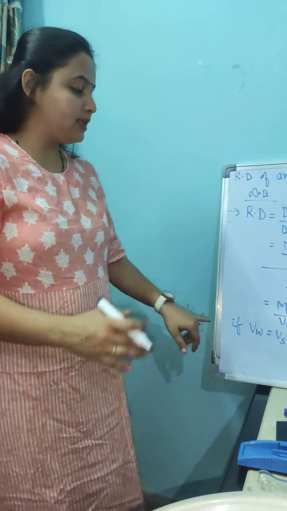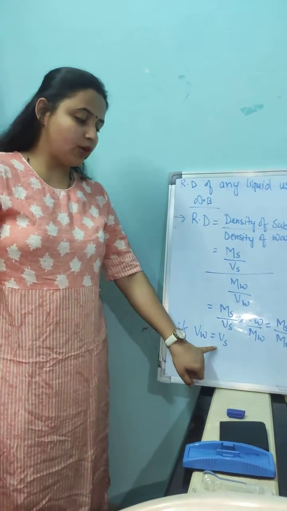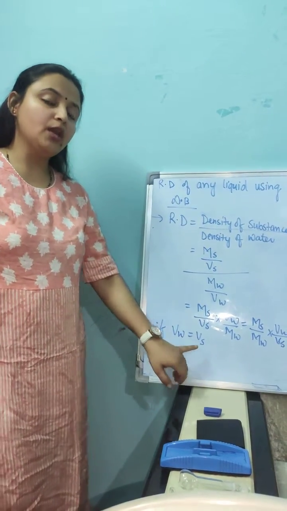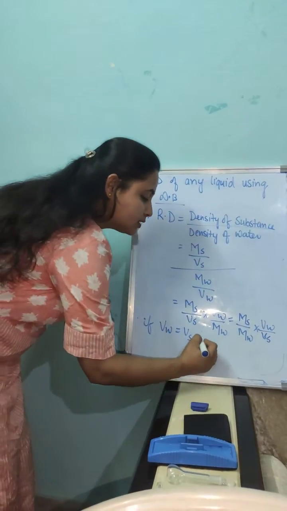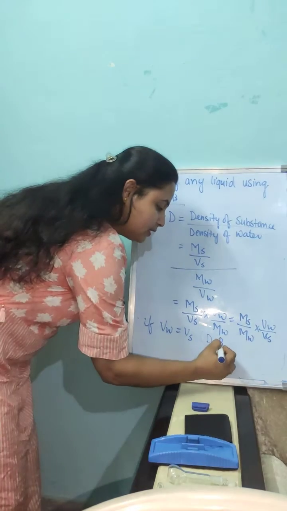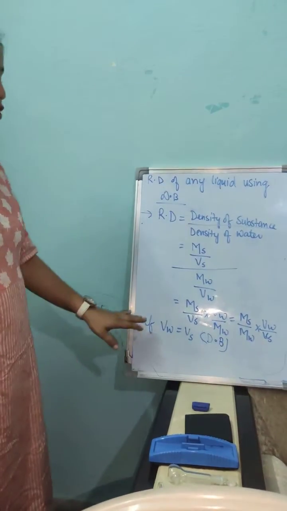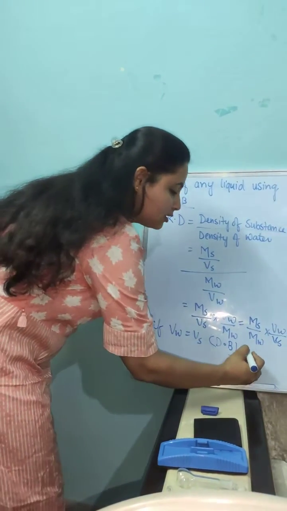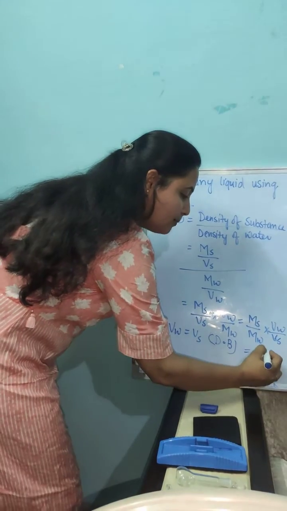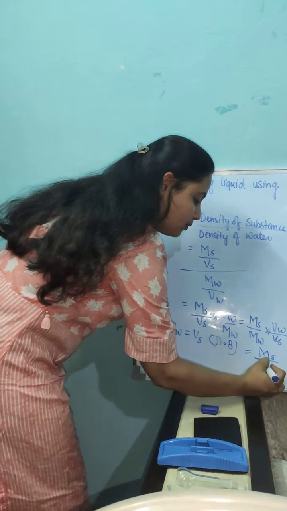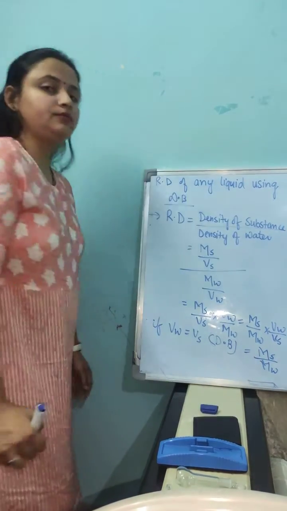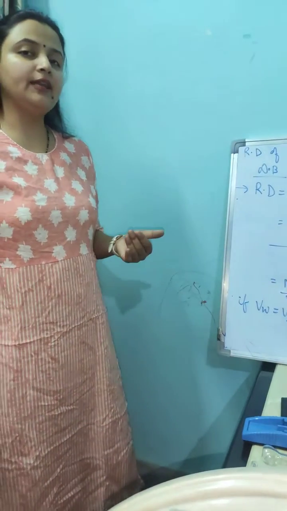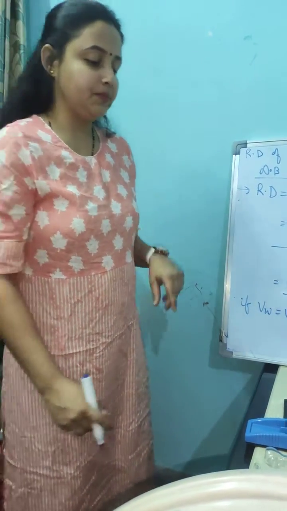So the volume of water and the volume of substance or any liquid will be the same in the case of a density bottle. When these are equal, the parameter gets cancelled, and the result of this derivation is mass of substance by mass of water. So using this formula only, we are going to do the activity.